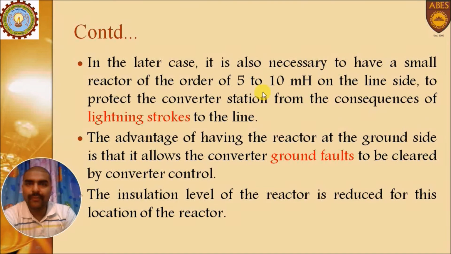So whenever we connect any smoothing reactor towards the ground side, a small inductor of the order of 5 to 10 millihenry should be connected towards the line side also. That inductance will prevent the lightning stroke consequences. An add-on advantage of connecting the inductor towards the ground side is that it allows converter ground faults to be cleared by converter control.